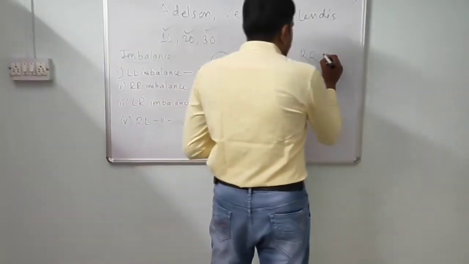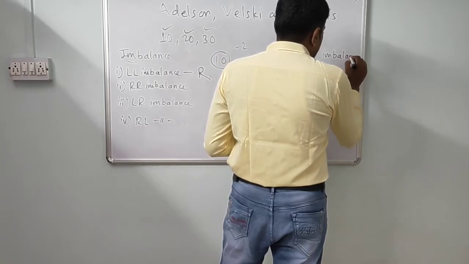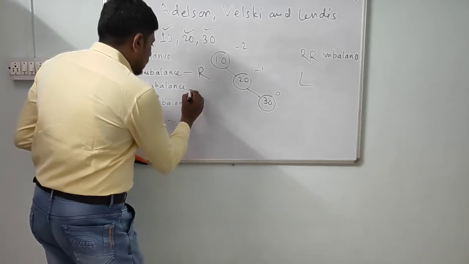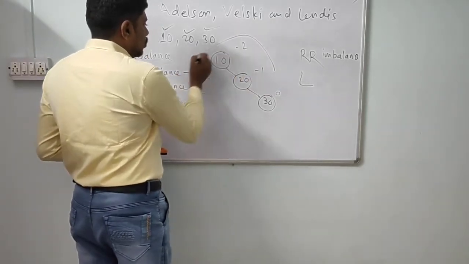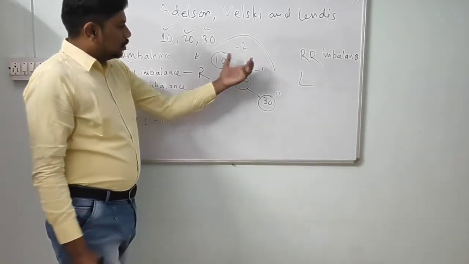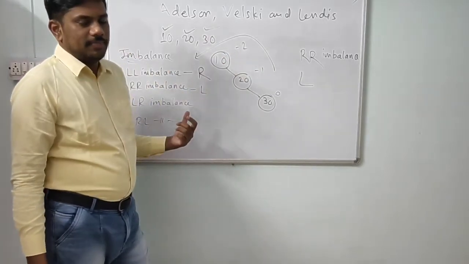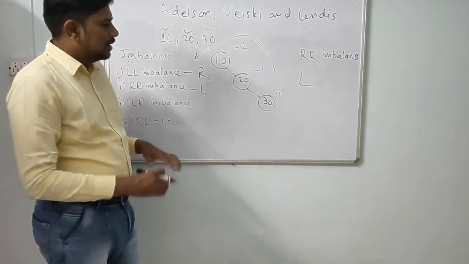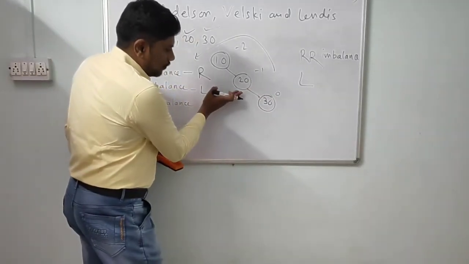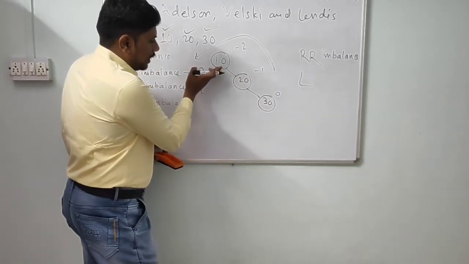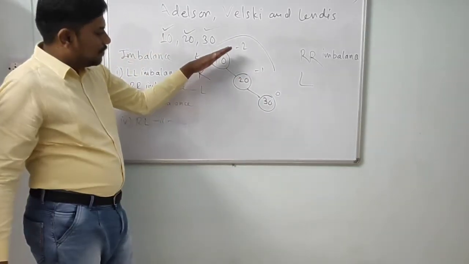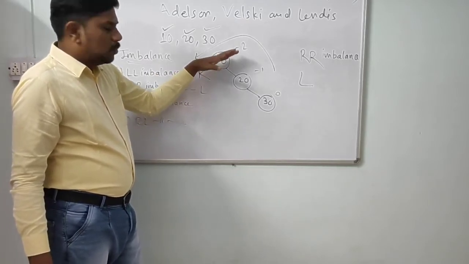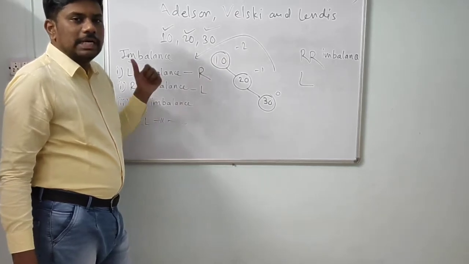Whenever you get RR imbalance, you should do left rotation. How are you going to do left rotation? You should rotate this tree to the left side. We have just seen how to rotate the tree to the right side; now it is the opposite. 30 will take the place of 20, 20 will take the place of 10, and 10 will be pushed down to the right side.